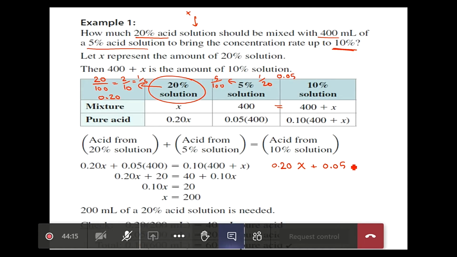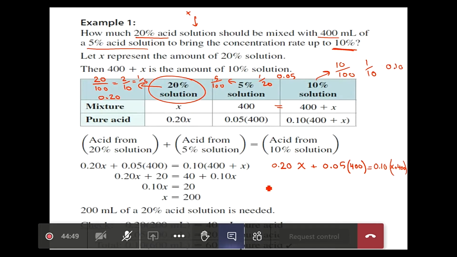Multiply by what? 400 milliliters. This equals 10%, 0.10, multiplied by X plus 400. Okay, so 10, we can write 10 over 100, or 1 over 10, or 0.10.